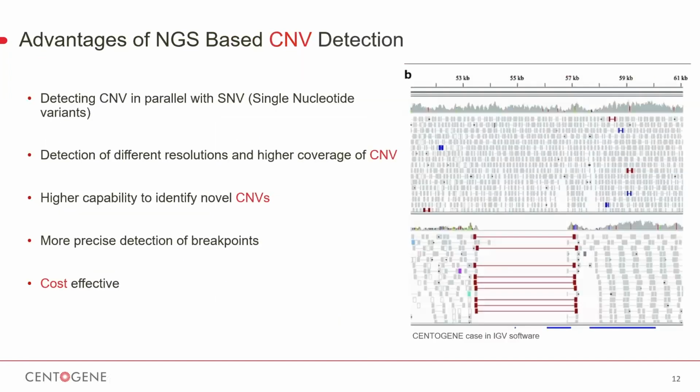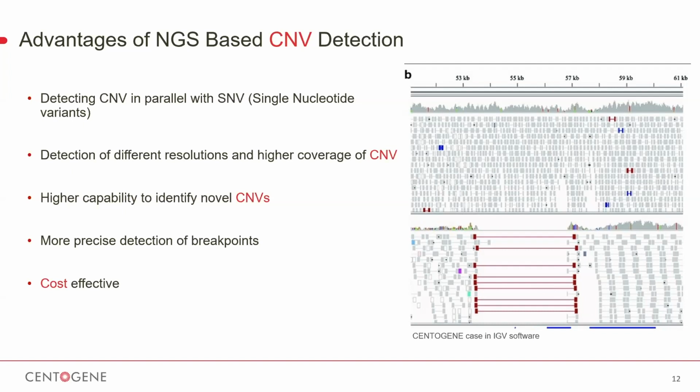So what is the advantage we have from copy number variant detection through the NGS data? It is, of course, integrating two different mutations in one test: the single nucleotide variants with the copy number variants. It is saving time. It is cost effective. It is capable of detecting different resolutions of copy number variants in one test, from exon to genomic and chromosomal aneuploidy.